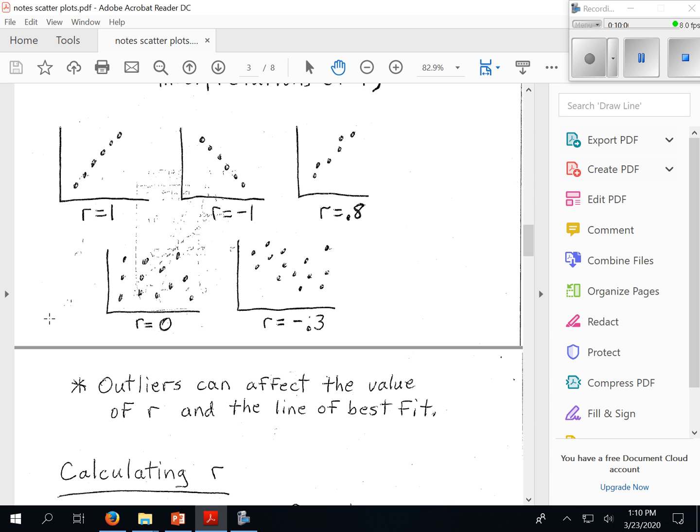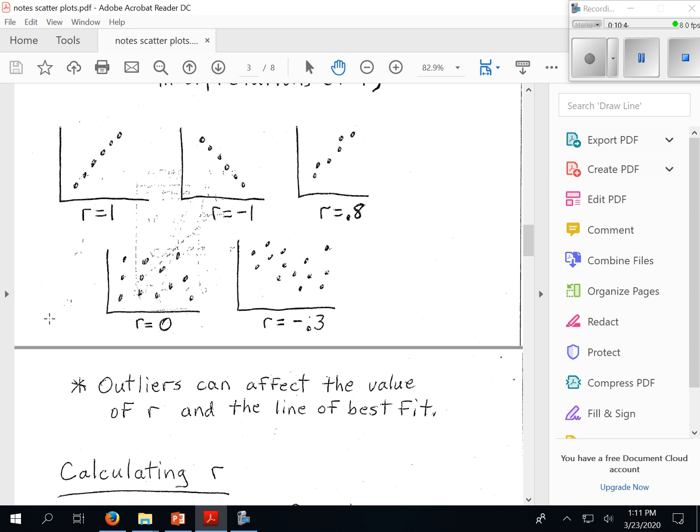When you find R, if it's like in this next graph, the one on the bottom row here, when you have R equals 0, so your correlation is 0, that means that there is no correlation to the variables, to your X and your Y. And then the last graph, if you have a correlation of something like negative 0.3, then that's telling you that you have some correlation, but when it's 0.3, 0.2, stuff like that, as it gets closer to 0, that means there's not as much correlation.